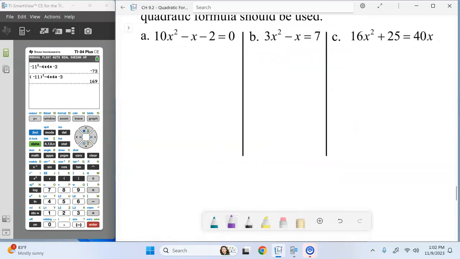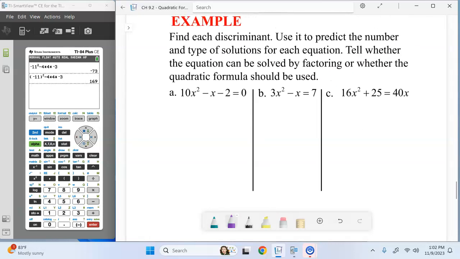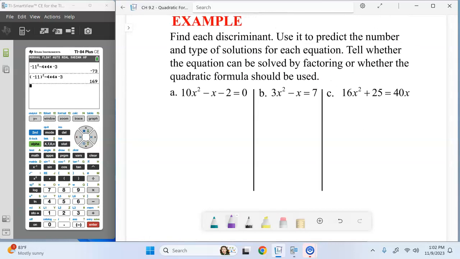So we're going to use the discriminant to predict the number and type of solutions for each equation. You don't need to solve. You don't need to tell me what the answer is. I don't care what the answer is. I just care about the discriminant. The only thing you need to do is evaluate b squared minus 4ac.